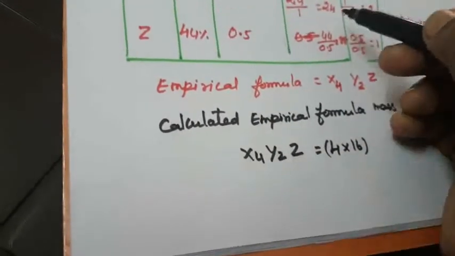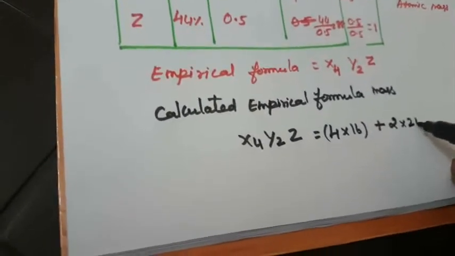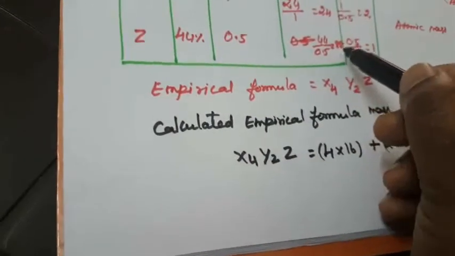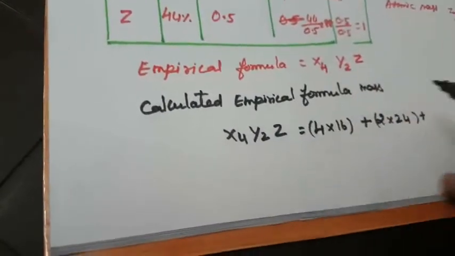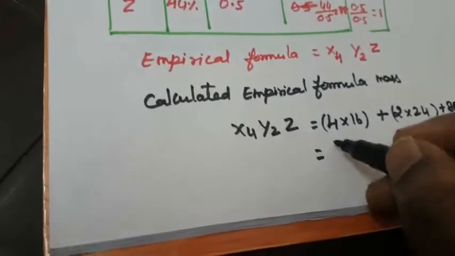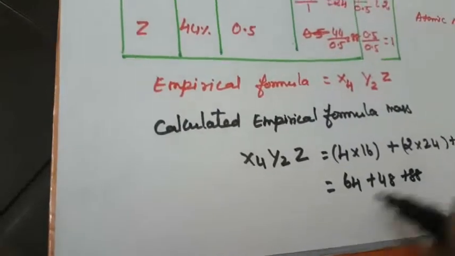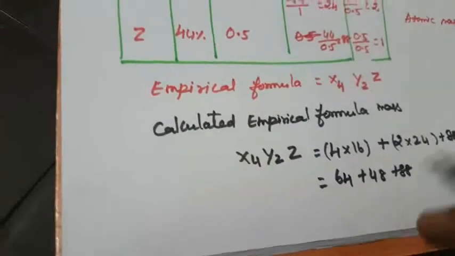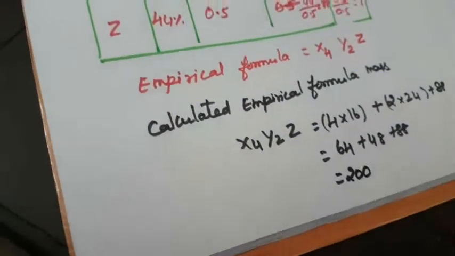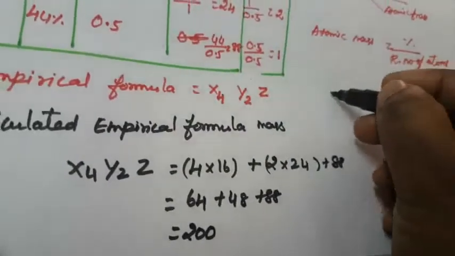Then y atomic mass is 24, so plus 2 into 24. Then the next one is 88, only 1. So 4 times 16 is 64, plus 48, plus 88. What is that answer? It is equal to 200. So this is the calculated empirical formula mass.